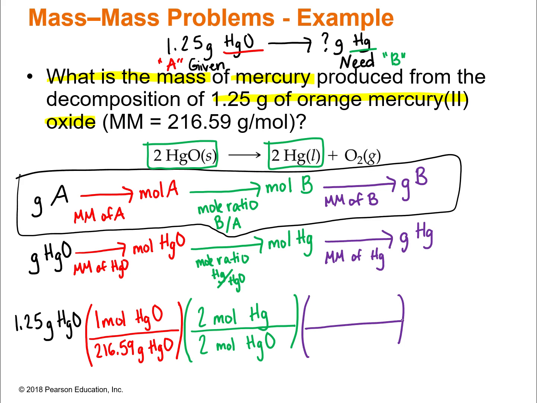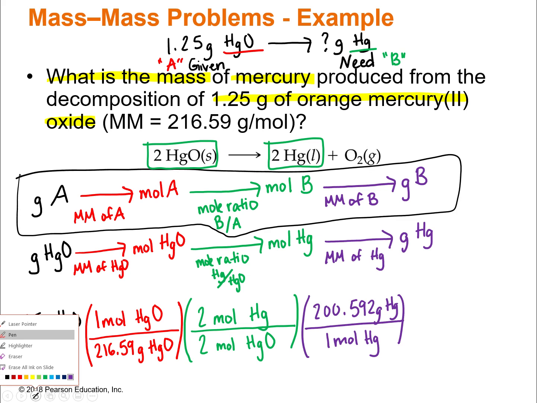We have to convert the moles to grams. So you write the number of grams of mercury in 1 mole in the top this time. And that's just straight up from the periodic table. Always go through and check your units.